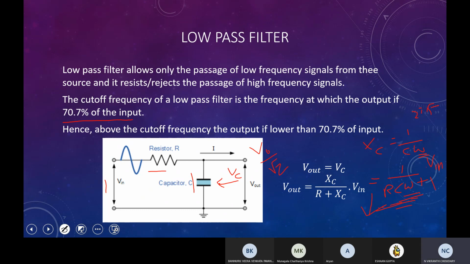So as you move on with the frequency, there will be a continuous drop in the gain, and finally it will reach some value where it is very much less than V in and negligible. That is why we use the RC circuit as a passive filter: as frequency increases, the output decreases.